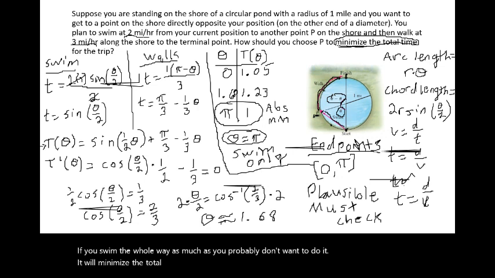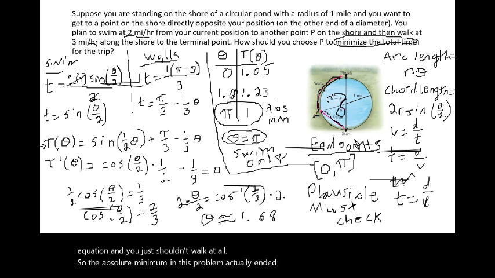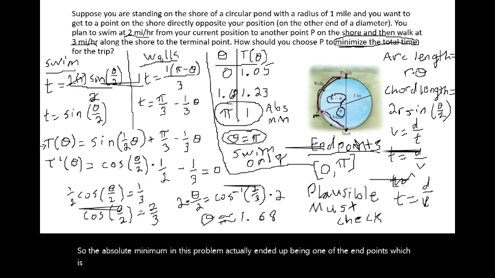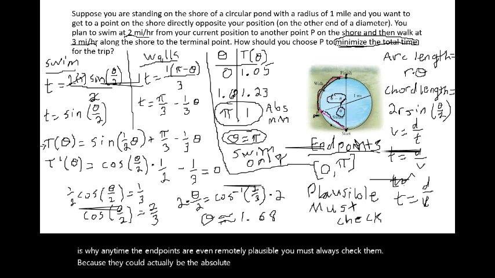So swimming the entire length will minimize the total time equation, and you just shouldn't walk at all. So the absolute minimum in this problem actually ended up being one of the endpoints, which is why anytime the endpoints are even remotely plausible, you must always check them, because they could actually be the absolute maximum or minimum, respectively.